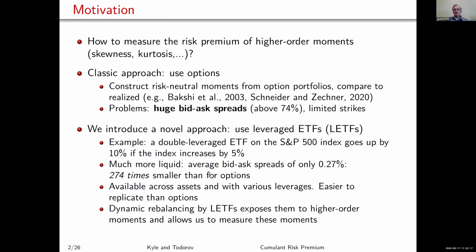So a theme of research that's existed in the past is, how do you measure the risk premium that's kind of associated with higher order moments? So people have talked about a skewness premium or a kurtosis premium or something like that. And to measure it empirically, what has typically happened is that researchers construct returns based on option portfolios.